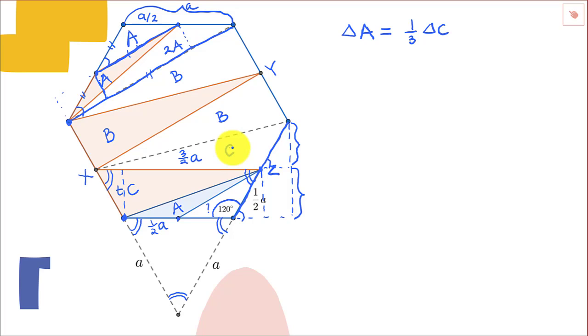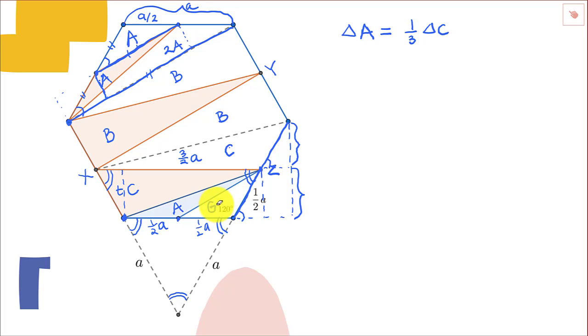Now, we have only one more region, right? What is this triangle? Let's call it G, for example. Triangle G has a base of half of A, similar to the blue triangle, and the height is the same as the height of the blue triangle, right?